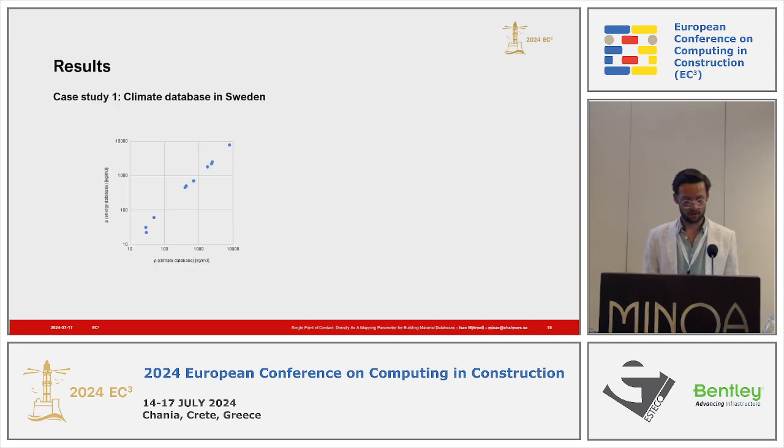And here we see some results, and we can see that generally it works pretty well for most of the materials. We have a deviation which is lower than 15% for all the materials.